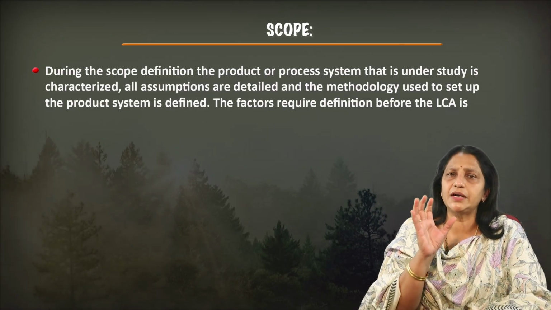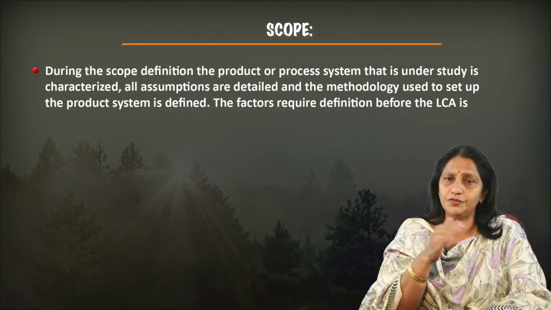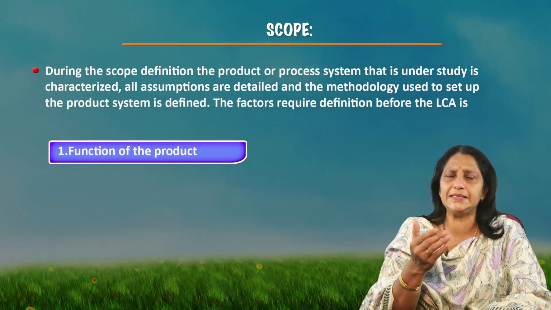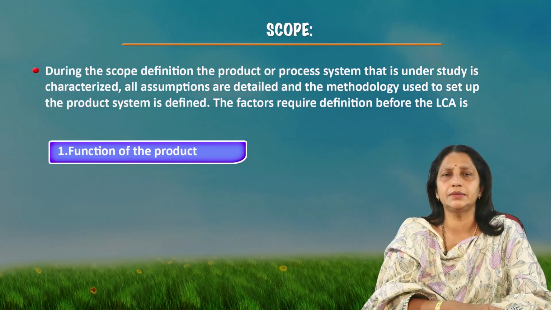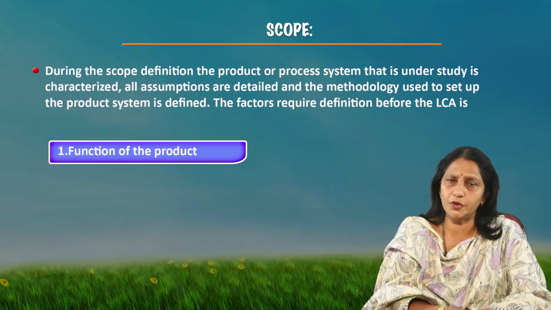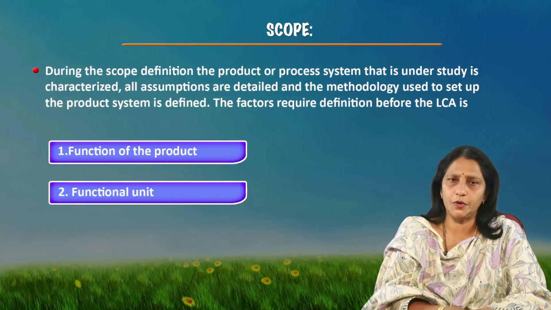So the factors that require defining before the LCA are four or five factors. The first factor is the function of the product. That means what are the most important characteristic features of that product. The second one is the functional unit of the product.